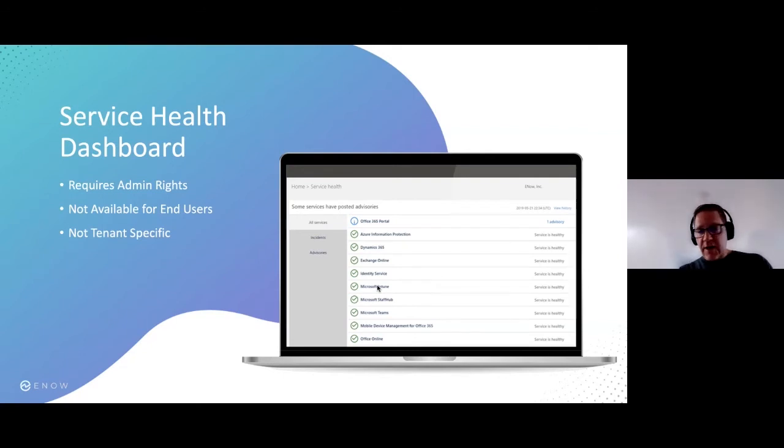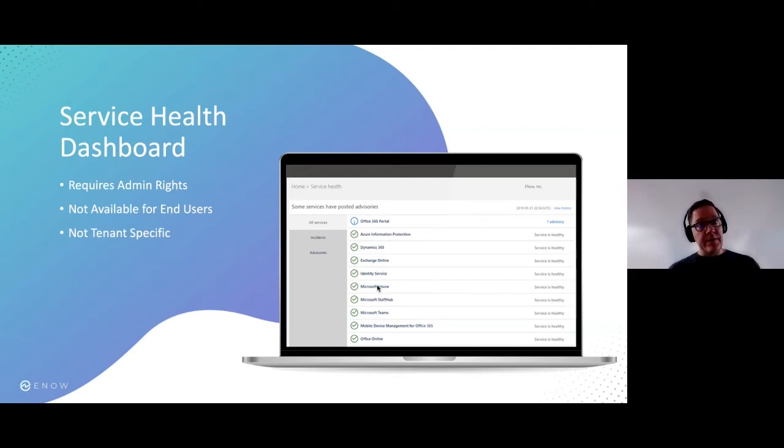So Microsoft does provide some native out-of-the-box capabilities. The Service Health Dashboard, quite frankly, I have a love-hate relationship with the Service Health Dashboard. It's gotten a lot better. It's definitely a lagging indicator of outages or performance issues within an Office 365 tenant.